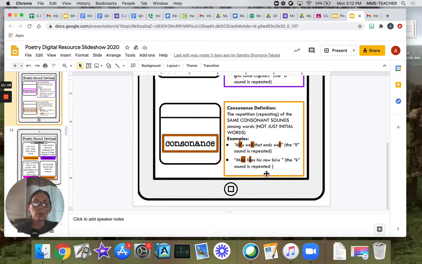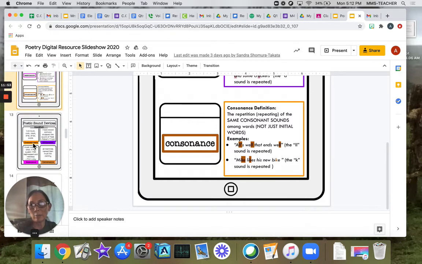So, all's well that ends well. You notice the L sound is repeated, and for consonance, the repeated sound is not at the beginning of the word. Here's another example. Mike likes his new bike. So the K sound is repeated.